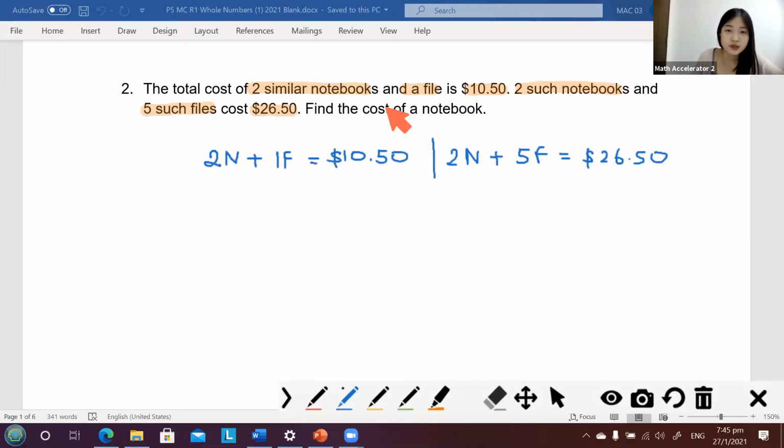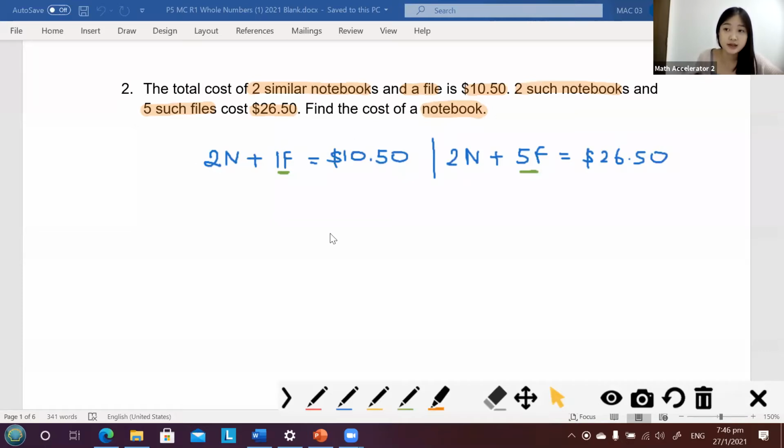They want the cost of a notebook. If you want the notebook, you would want to cancel out the other item, which is the files. We have 1 file and 5 files here. Some of you are telling me that you want to just subtract right now because your 2 notebooks can cancel out.